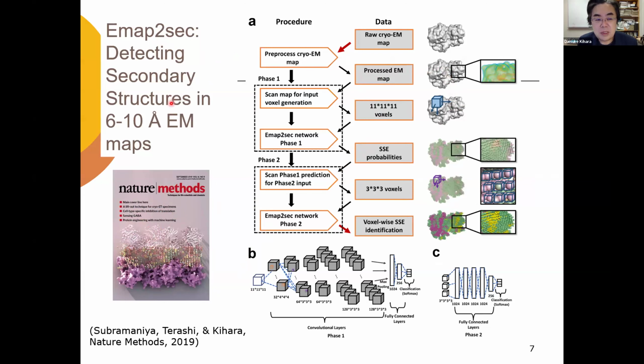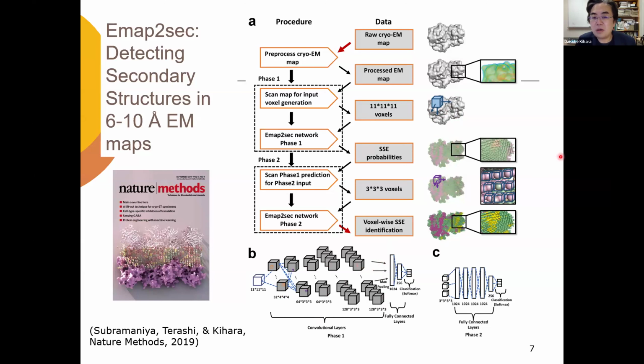So what this method does is, you have a cryo-EM map at this low resolution, and then this method will scan this map with a box. The size of the box is 11 by 11 by 11 angstrom, and at each position of this box, by using deep learning, it will detect if the box includes alpha helix, beta strand, or coil.